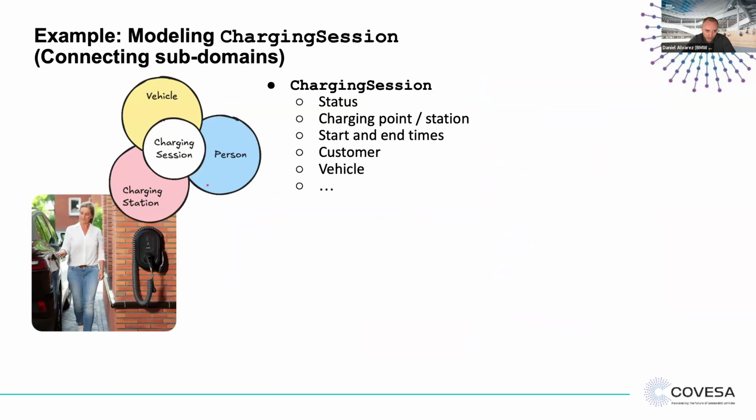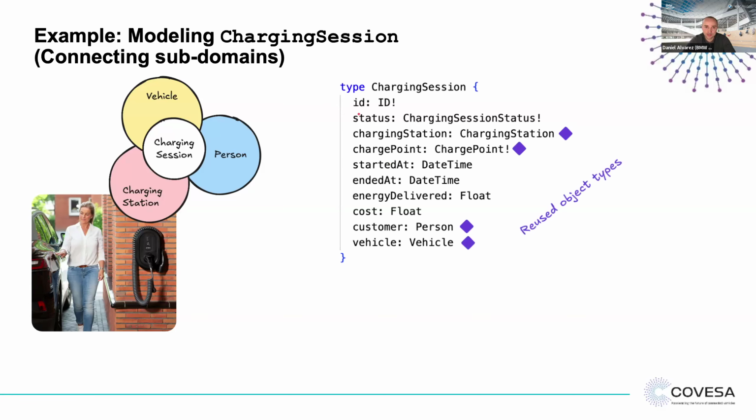And then we come to the actual domain of interest, which is the charging session. In the charging session, you need to connect the vehicle, a person, and also the charging station or charging points. And basically, these can look like this.